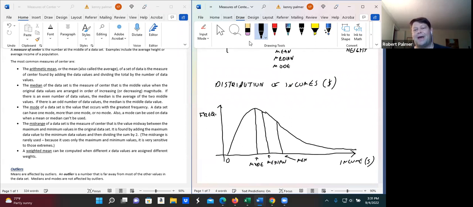We once again mentioned the value of outliers. What happens is that these people making these really, really large incomes, maybe millions, tens, hundreds of millions of dollars a year, those are outliers. They're really far away. They're not really that representative of the bulk of the distribution, what most people make.